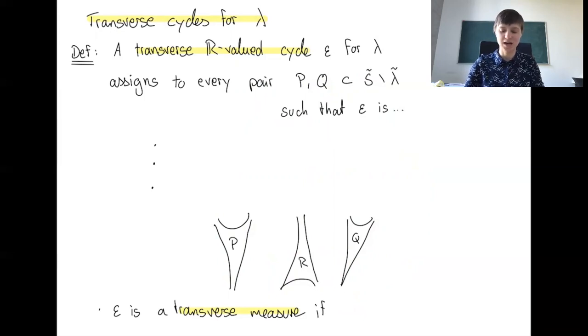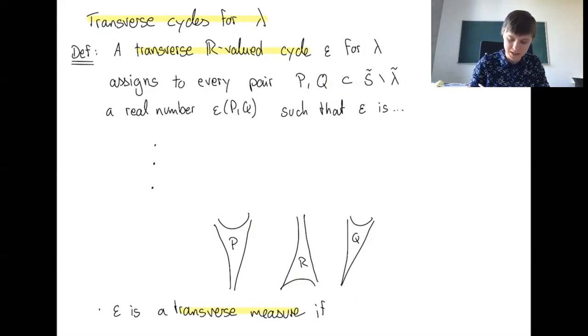So a transverse R-valued cycle, I call it epsilon, for the lamination lambda, assigns to every pair P and Q of connected components of the complement of lambda tilde in the universal cover, a real number that we denote by epsilon(P,Q), such that we want to satisfy certain properties. Epsilon should be pi_1(S)-invariant.